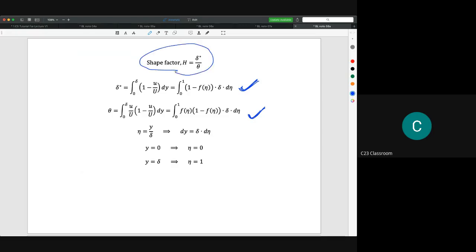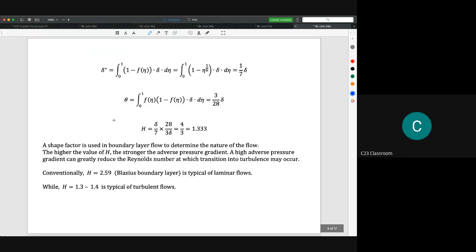So you need to take u over U equal to eta to the power of 1 over 6 and substitute it into these equations to get delta star and theta. If you calculate, we find that delta star is equal to 1 over 7 delta, and theta is 3 over 28 delta. Then H is 4 over 3, or 1.333.